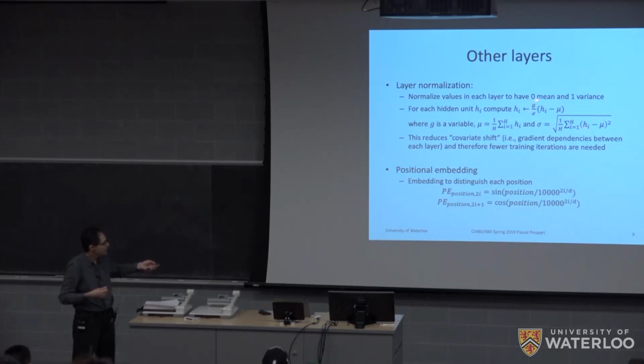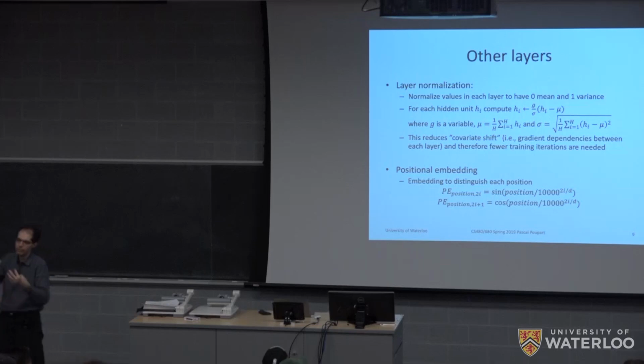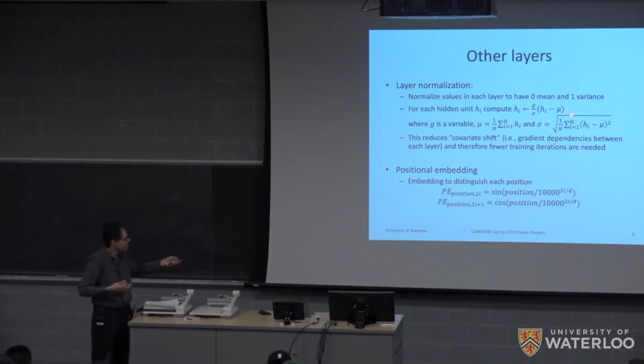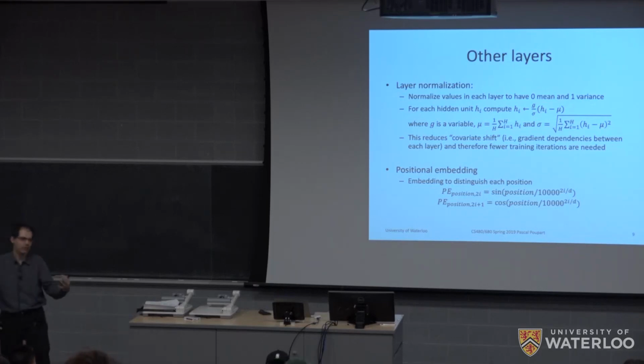And then there's also a variable g, which is known as the gain, that's added to essentially compensate for the fact that we've just normalized. But the idea is that with this approach, if g is set to 1, then this would ensure that h is always normalized with 0 mean and variance 1.